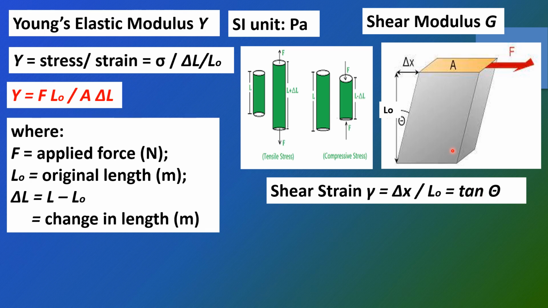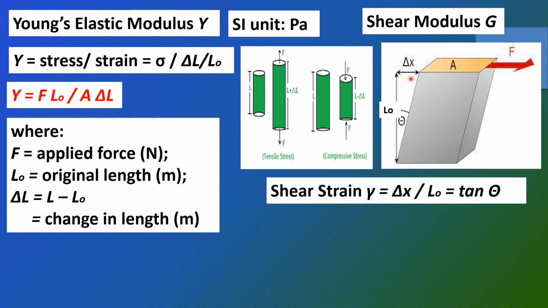the original length. If you measure this side of the polygon, from this side to the other side beneath it, then letter L stands for what we call the original length.